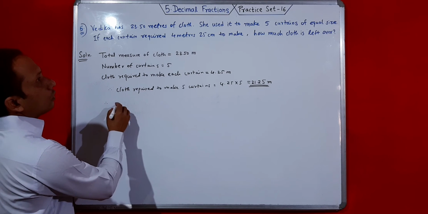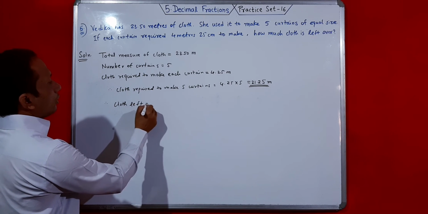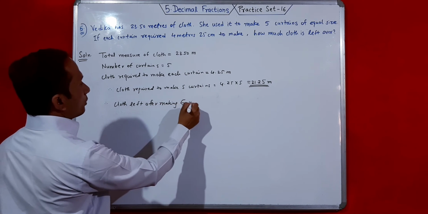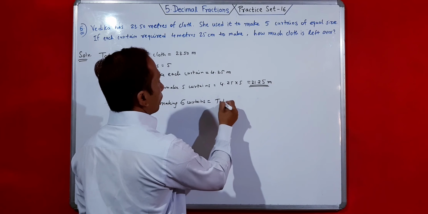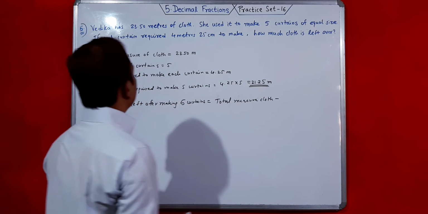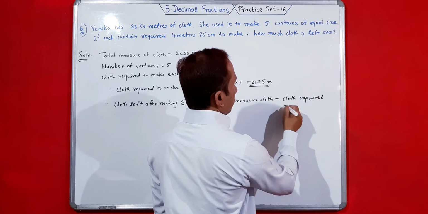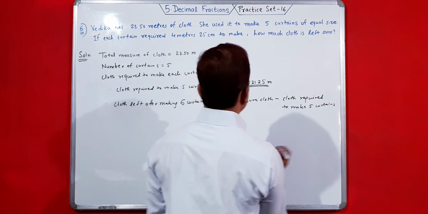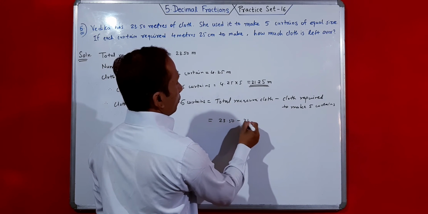Therefore, the cloth left after making 5 curtains is equal to the total measure of cloth minus the cloth required to make 5 curtains. So it is 23.50 minus 21.25.